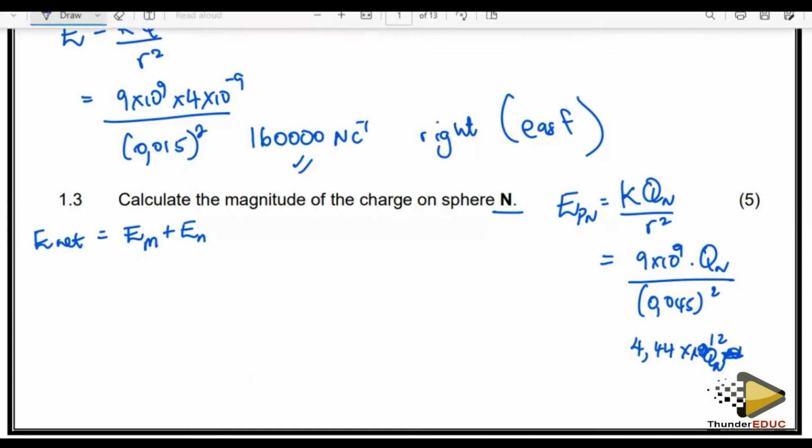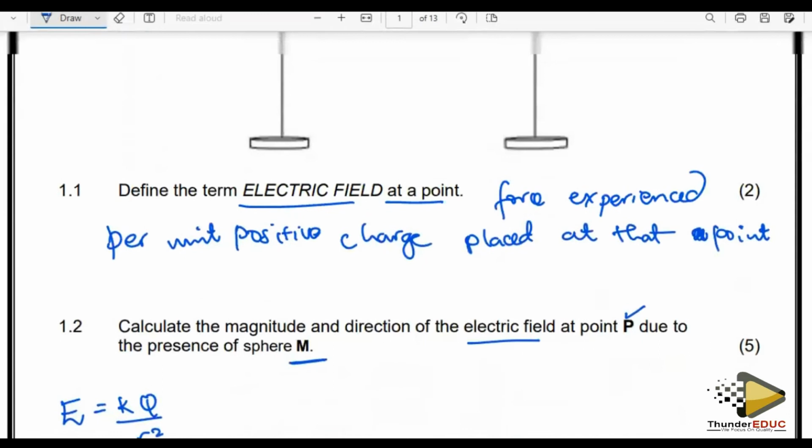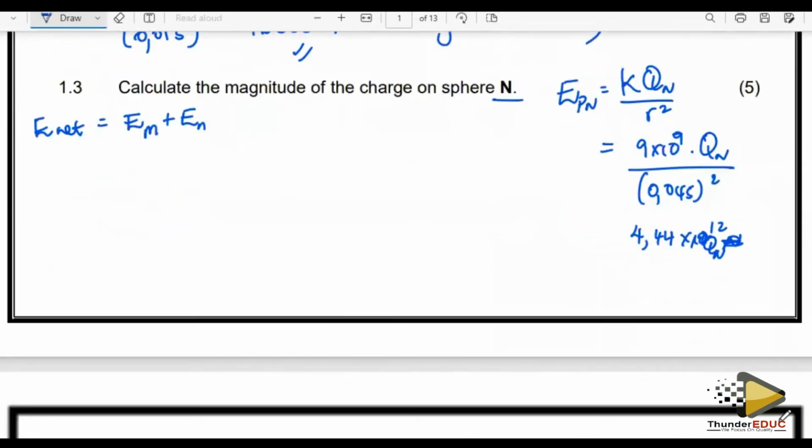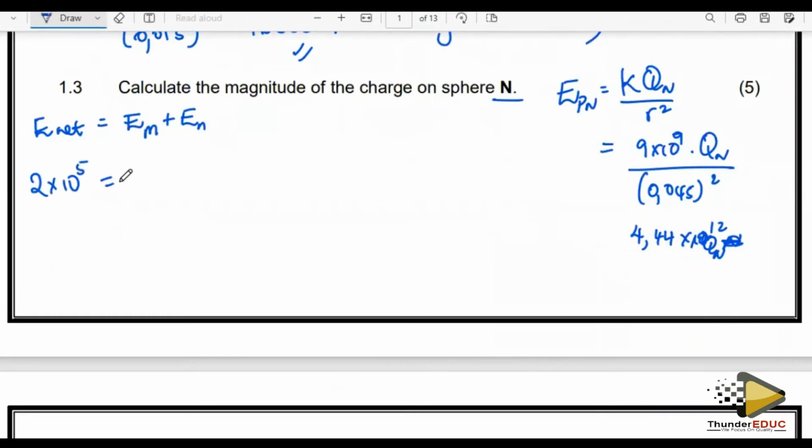Okay. So the net was 2 times 10 to the 5. We are saying this is equal to the 160,000 plus 4.44 times 10 to the 12 QN.